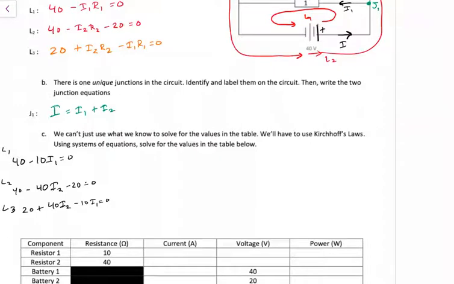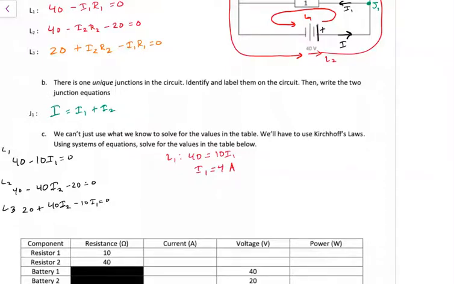So this could turn into a system of equations, or we can just solve through this. Let's start with my loop 1 equation. 40 is equal to 10 I1 if I add 10 I1 over, and so I1 is equal to 4 amps.